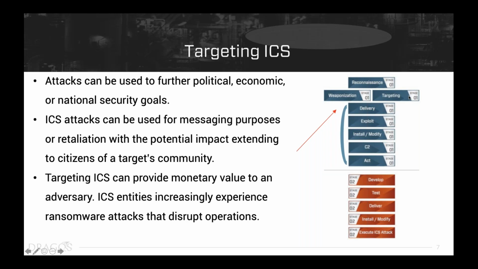Such attacks can be used for messaging purposes, retaliation with a potential impact extending to citizens of a target country's communities, or for realizing a more critical or higher importance effect and requiring a ransom or something of that nature to be paid. So giving it far greater importance.